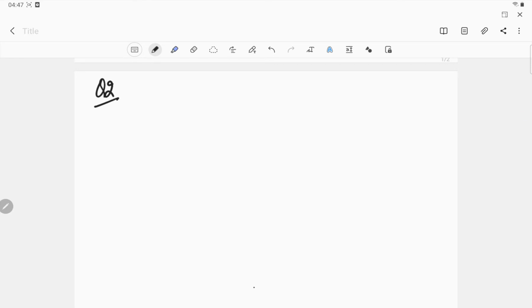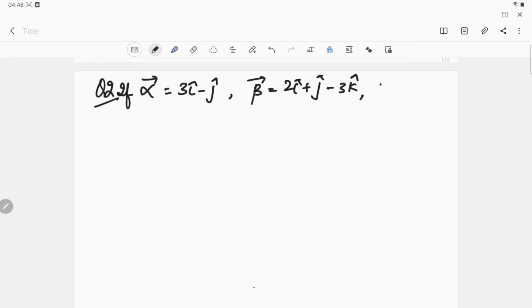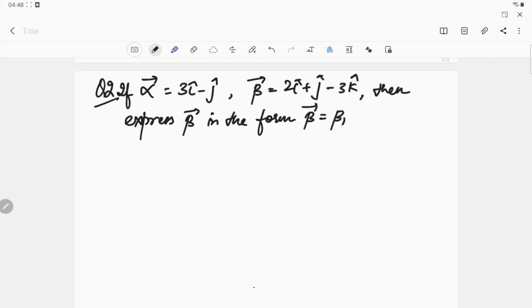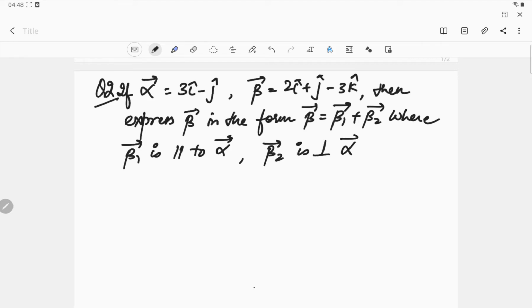It says, if alpha vector is equal to 3i minus j, beta vector is equal to 2i plus j minus 3k, then express beta vector in the form beta vector is equal to beta 1 vector plus beta 2 vector, where beta 1 vector is parallel to alpha vector and beta 2 vector is perpendicular to alpha vector.